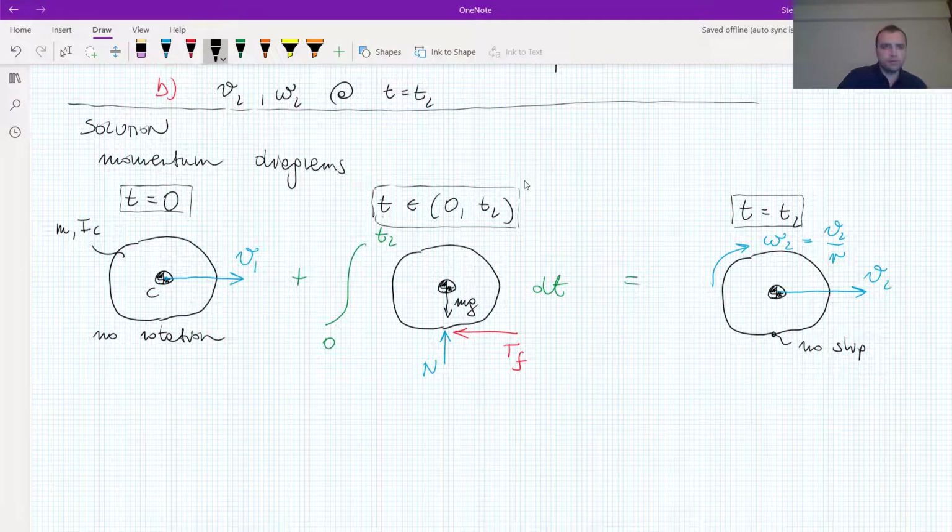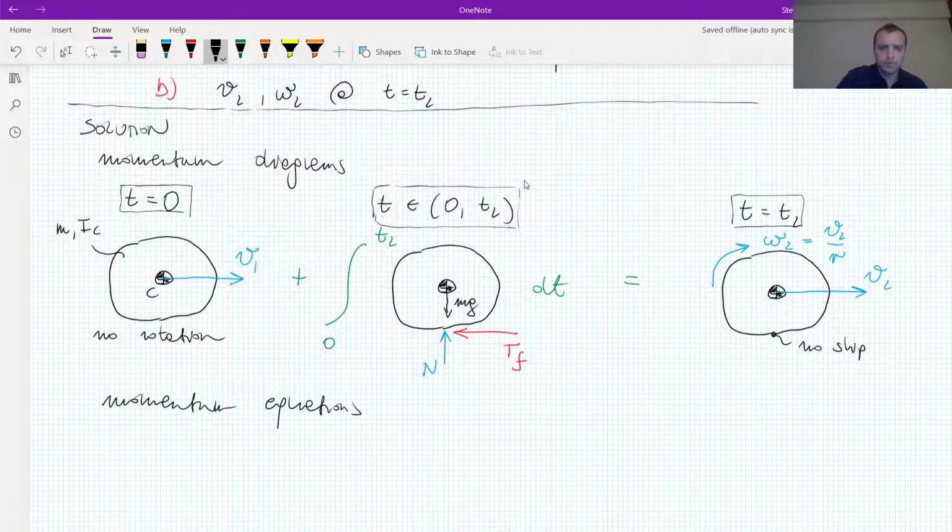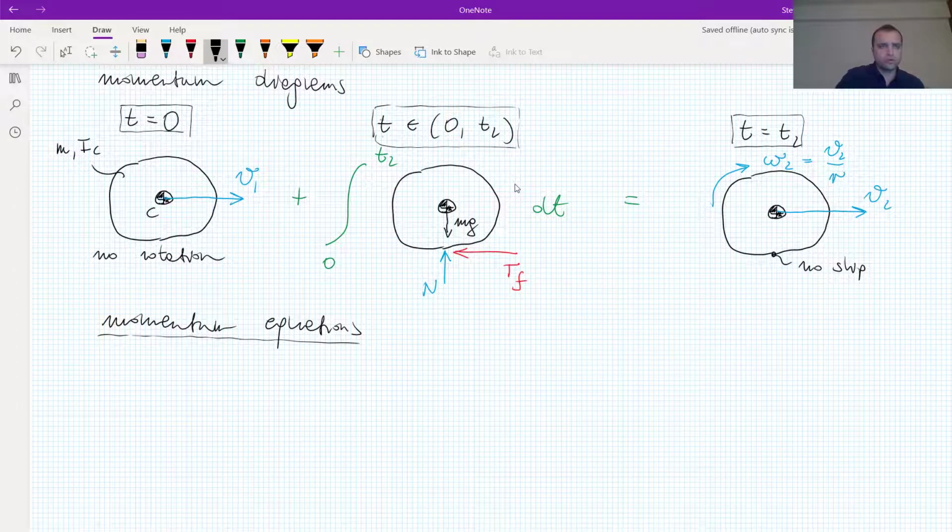Okay, time for momentum equations. I just would like to show what happens in the x direction, in the y direction, and in the theta direction.